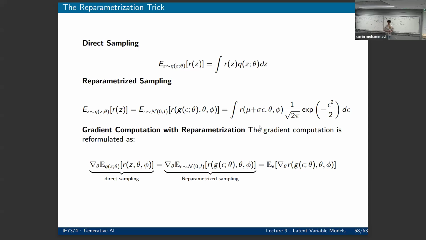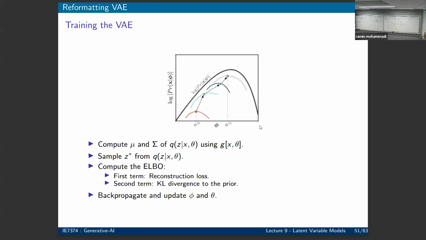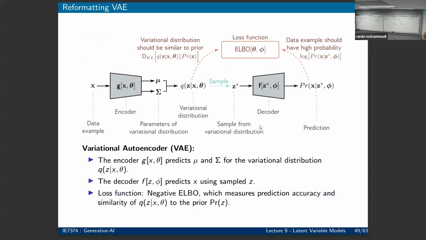Question? I don't understand the impact of doing this again. Yeah, so the first thing to go over again is that before introducing reparameterization, you need to sample Z from here. When you do backpropagation, you cannot backpropagate through this easily. This is a sample.